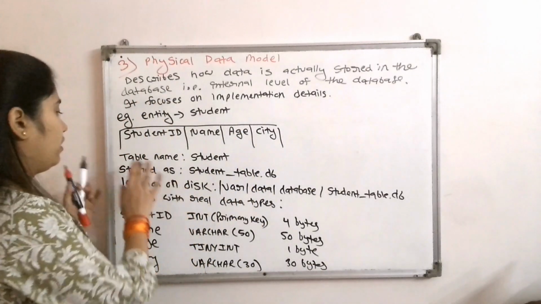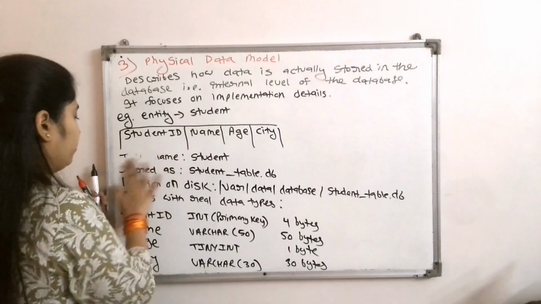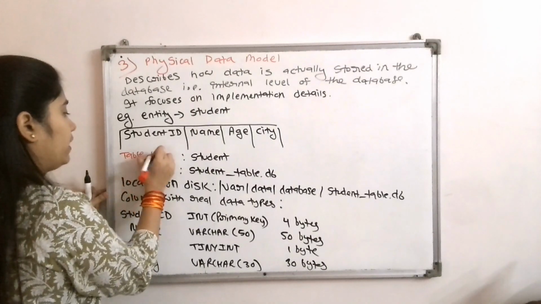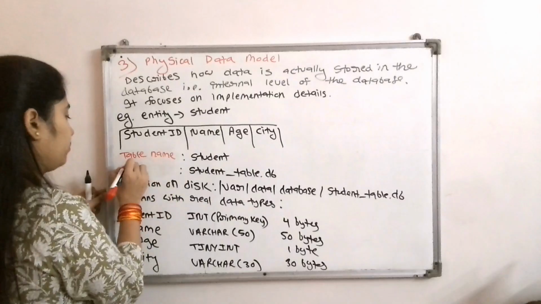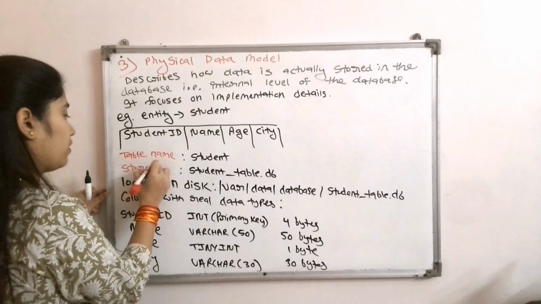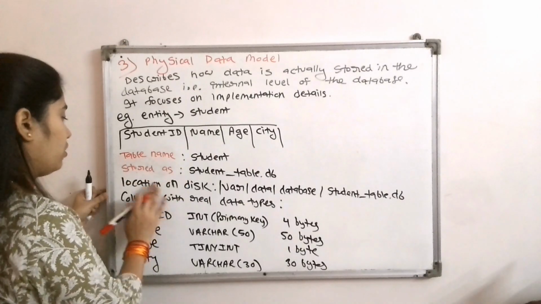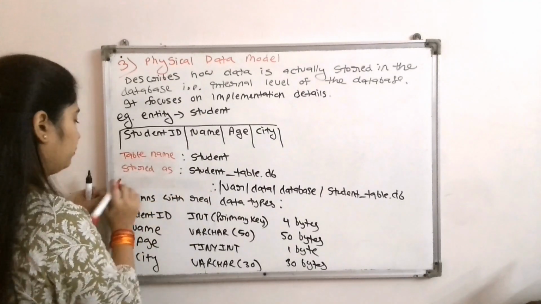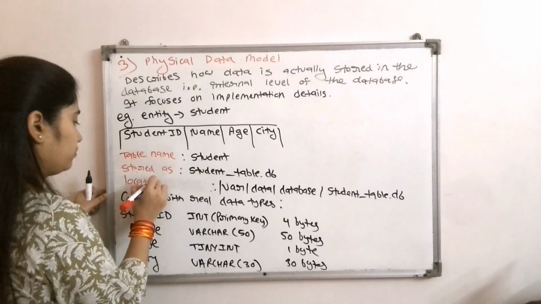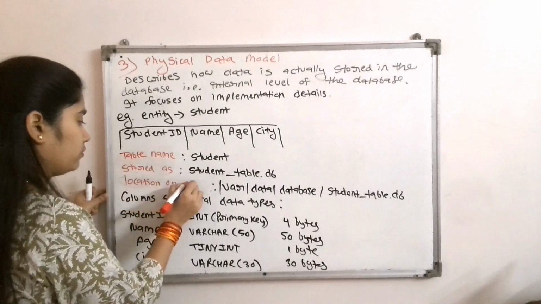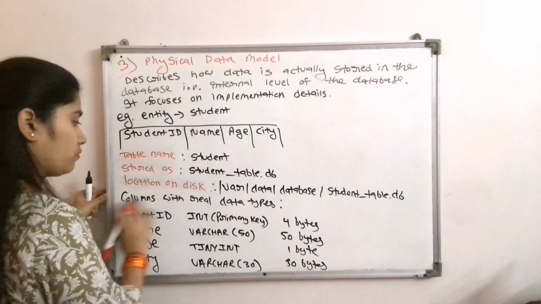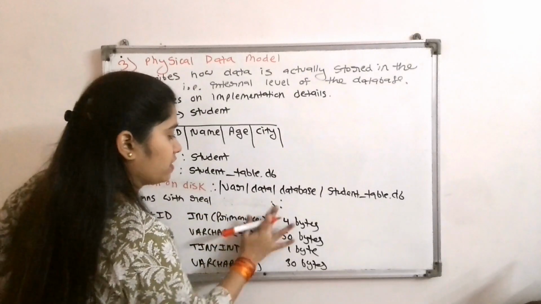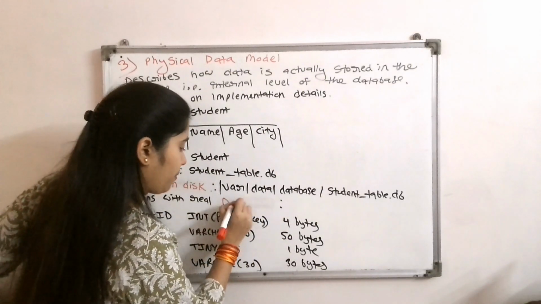Like the table name, let's write it here with the table name, stored as or location, and here we will take it as data types.